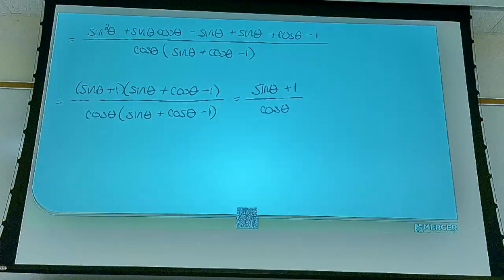Right, once you see that factorization, you're done. Like I said, once you see what it factors to, it is obvious. But actually seeing that connection is rather difficult.